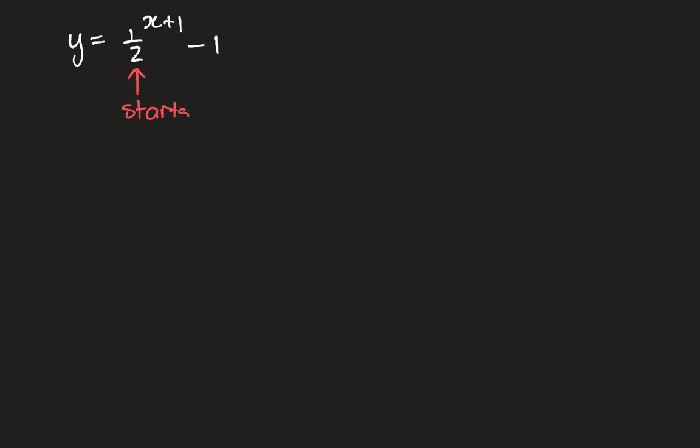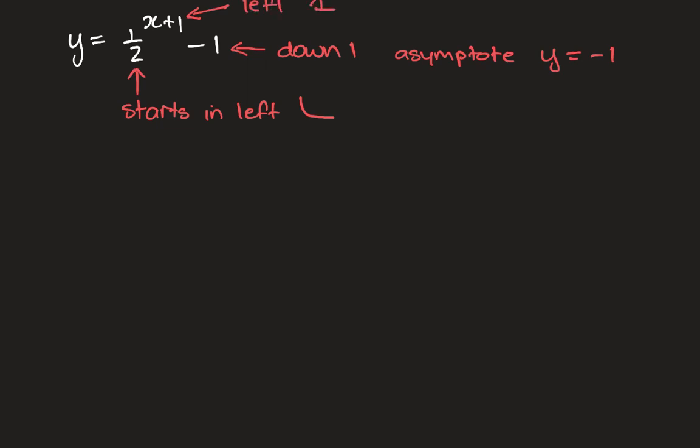Now because it's a half, it starts on the left-hand side of the quadrants, which means it's a decreasing function. The minus 1 says down 1 unit, the asymptote is y equals negative 1, and the x plus 1 moves it left 1 unit.